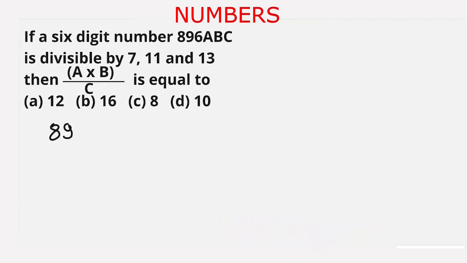The given number is 896ABC and this number is divisible by 7, 11 and 13. Then first we have to find the value of ABC. As we know that any number which is divisible by 7, 11 and 13 is of the form ABCABC.